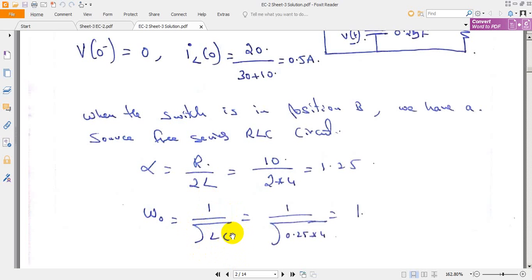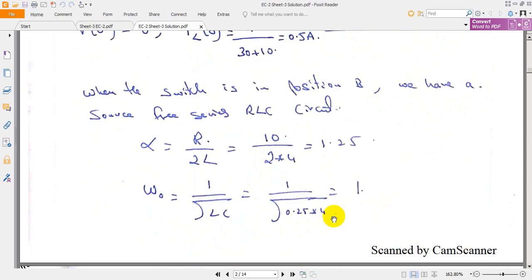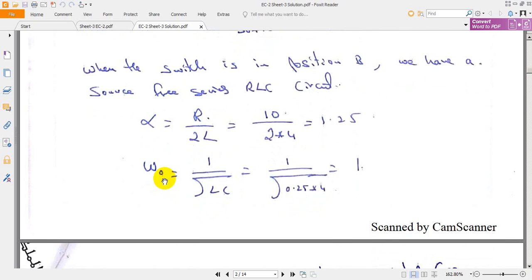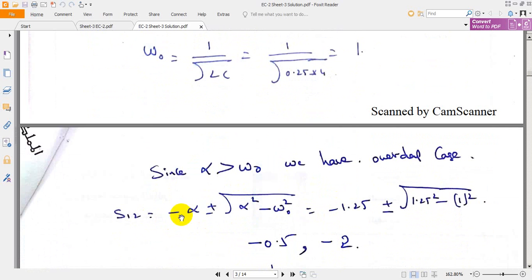Substituting L is 4 and C is 0.24, you get omega naught equal to 1. Comparing alpha and omega naught, alpha is greater than omega naught. When alpha is greater than omega naught, the response is overdamped. So we can say the circuit is an overdamped circuit.